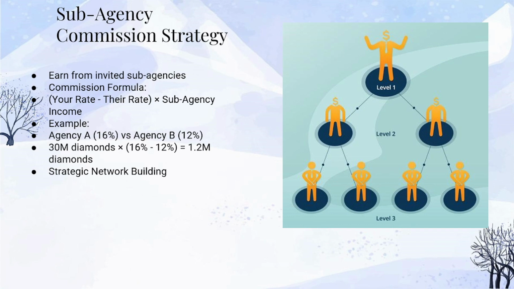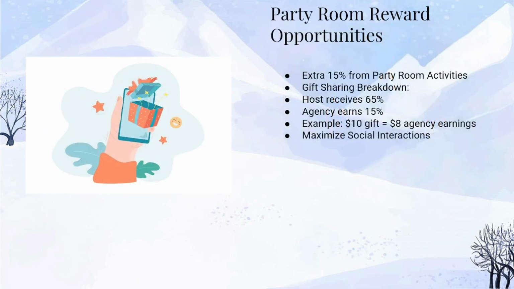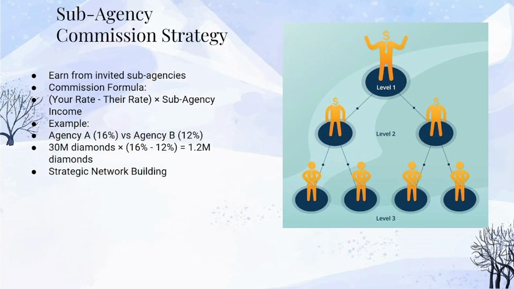Now, the policy says agency A has a 16% commission rate, but then the example gets a little bit fuzzy, actually. How so? Well, it states agency A's direct host commission is 8 million, but if you just take the 140 million valid income and multiply it by 16%, you get 22.4 million, not 8 million. Oh, right. That doesn't quite line up. No. So it seems like maybe direct host commission in their example calculation might be based on something slightly different, or perhaps only a portion of that 140 million counts towards that specific 8 million figure.